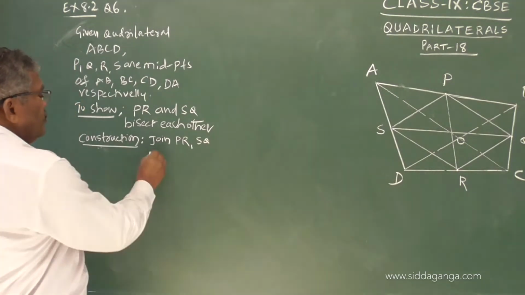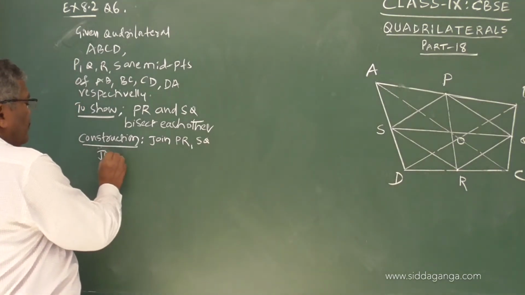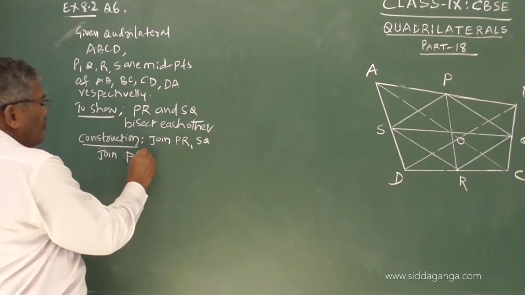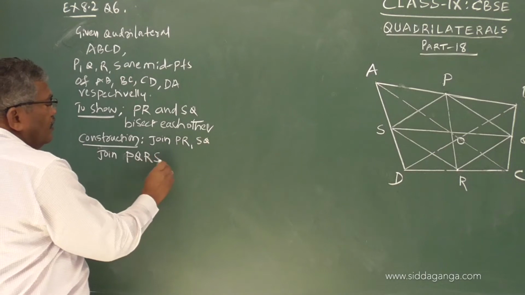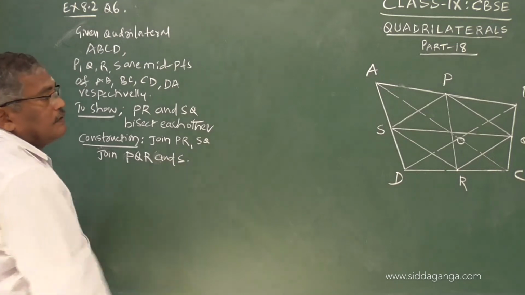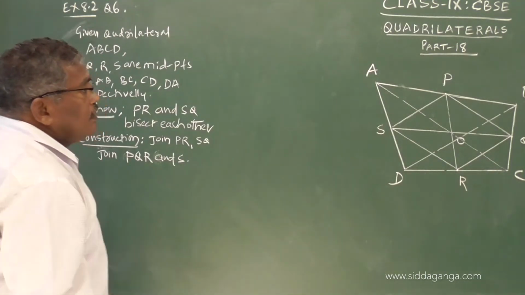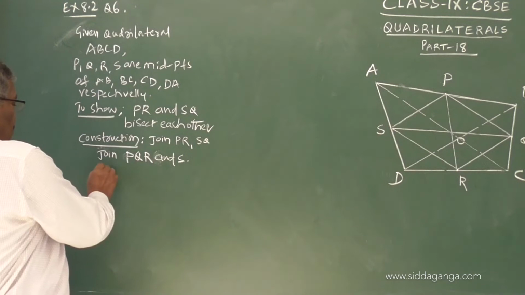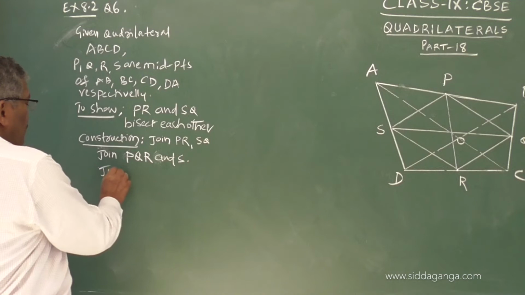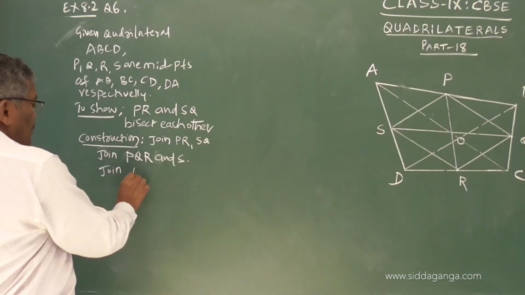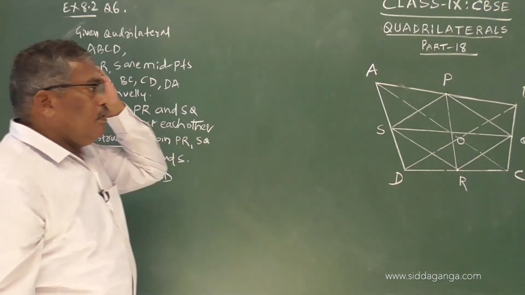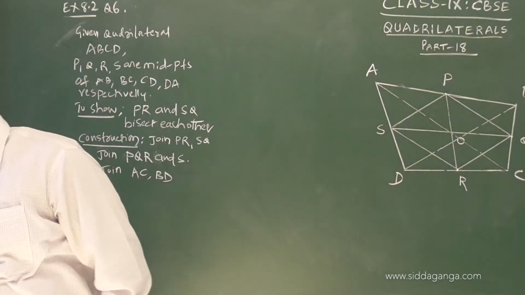Join P, Q, R and S. Then what we did? Draw AC and BD. So, join diagonals AC and BD.